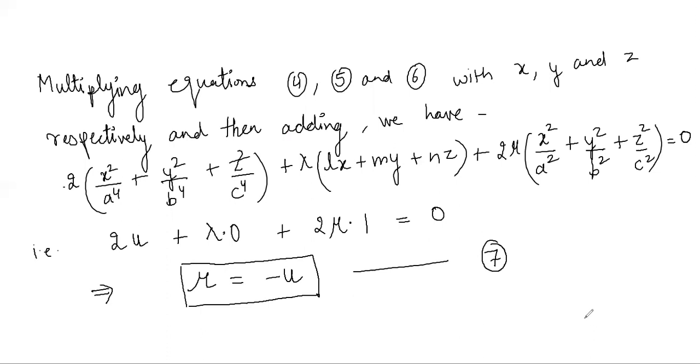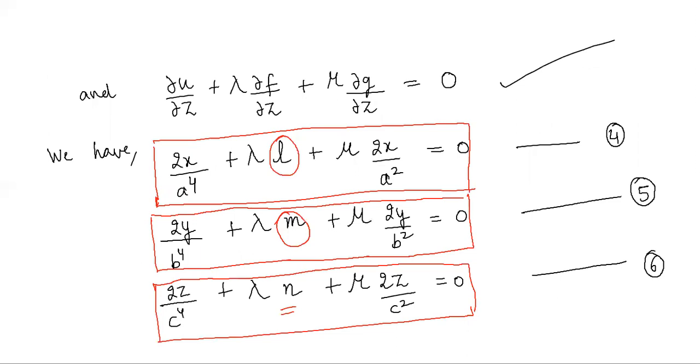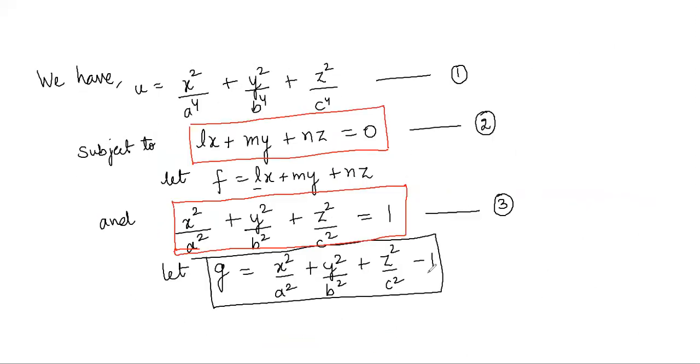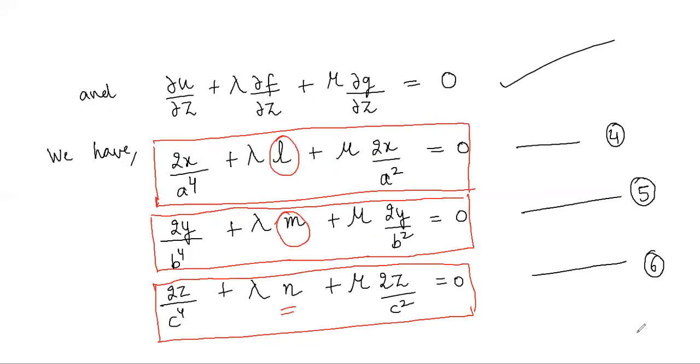Now, what we can do further for proving the result, we have second and third equation with us, and we have obtained that mu is equal to minus u. So if we put here mu in equation 4, then we can find out x, not lambda.